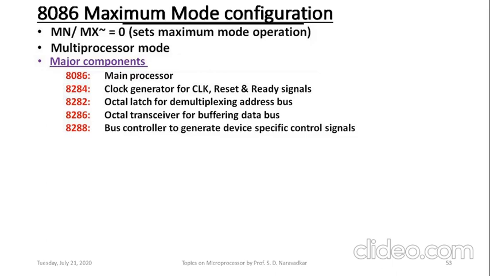Then the 8286 octal data bus buffers, octal transceivers, 2 sets, for buffering of the data bus. And then in place of the 3 to 8 decoder which was there in minimum mode, here is the 8288, a bus controller for generation of device specific control signals.